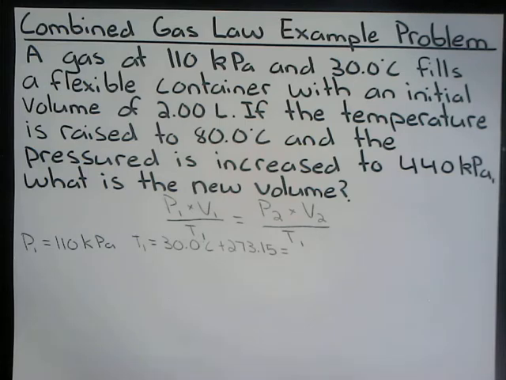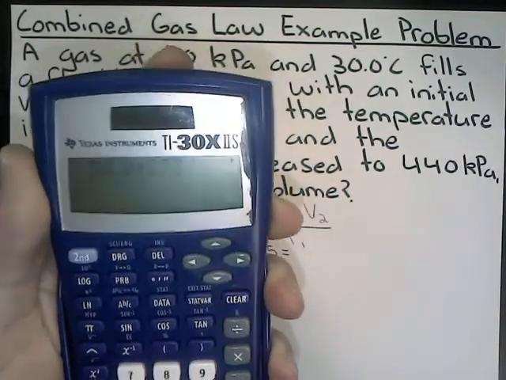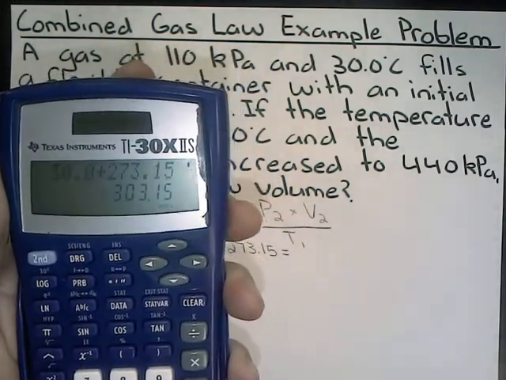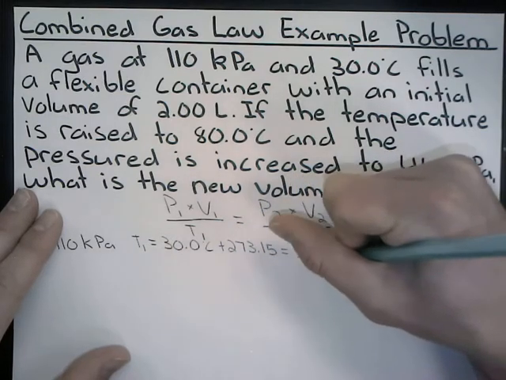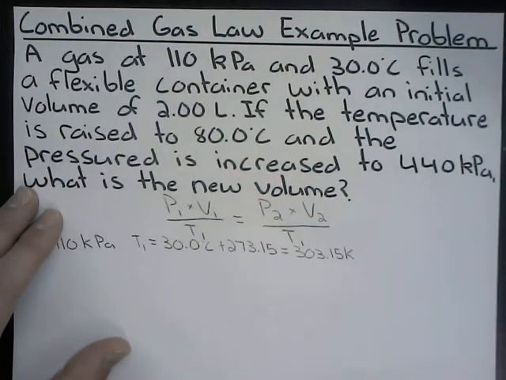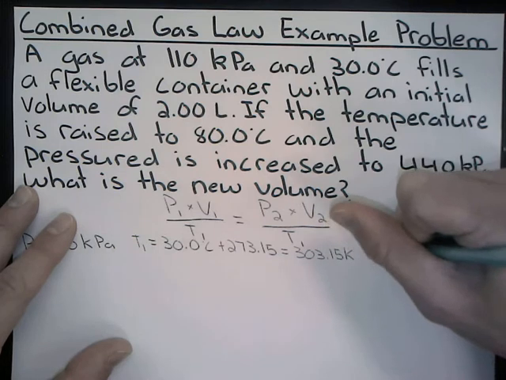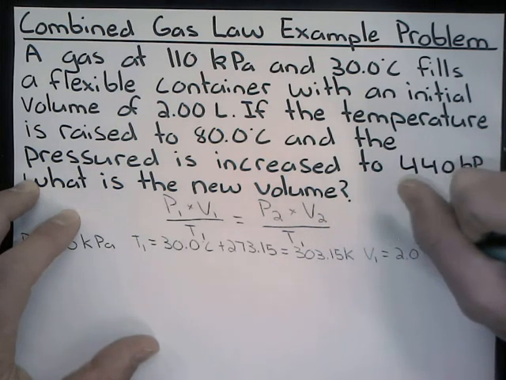Now when we do this, we take 30.0 plus 273.15, we press enter, and we get a value of 303.15. And that would be in units of K for Kelvin. Now our initial volume here is going to be 2 liters.